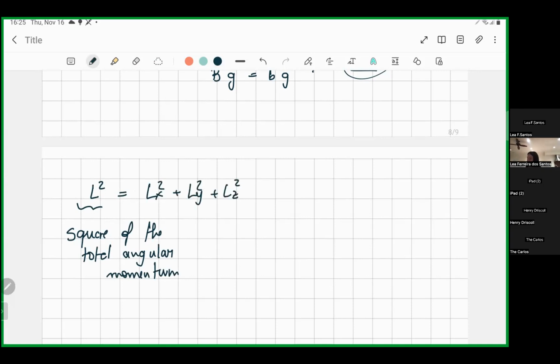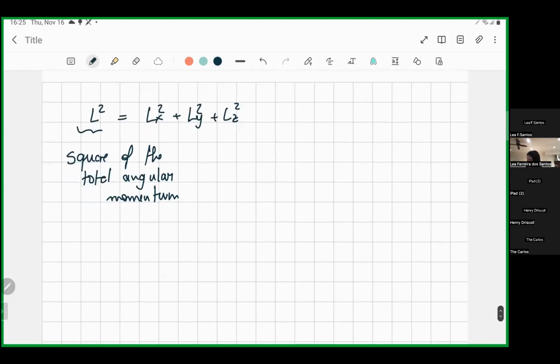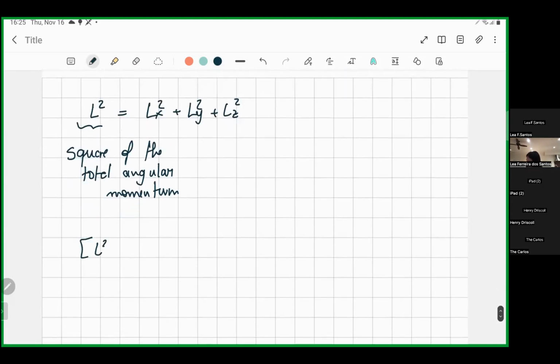And the interesting thing is L square does commute. So L square does commute with Lx, L square does commute with Ly, and it does commute with Lz. Okay? And you can check.